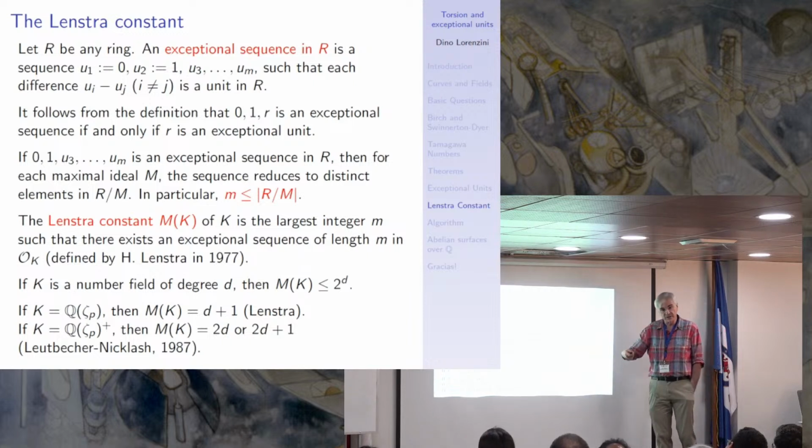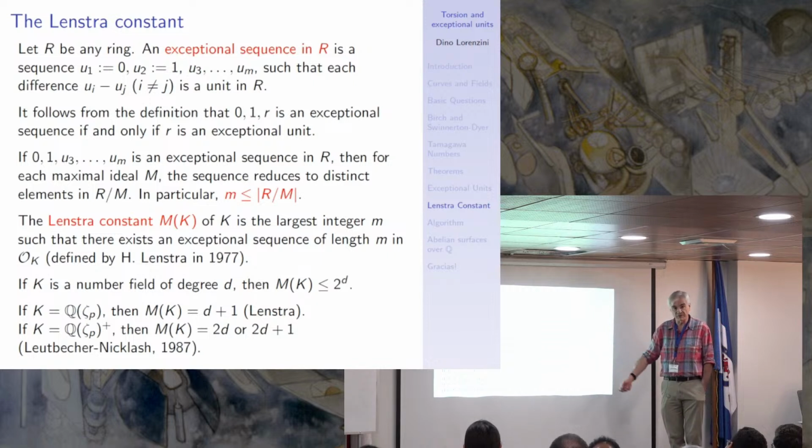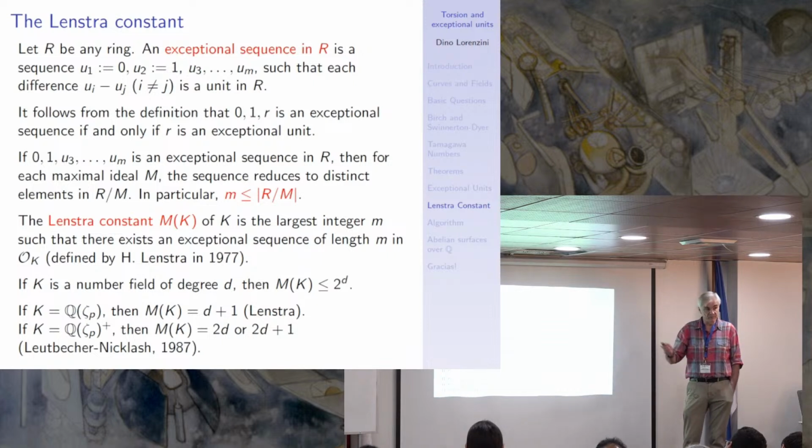But when you look at actual examples, the Lenstra constant is rather small. So for Q(zeta_p), the Lenstra constant is d plus 1, the degree of the field plus 1. And then for Q(zeta_2p), it's 2d or 2d plus 1. And you rarely go beyond. I think I know one where it's 3d, but it remains really small.